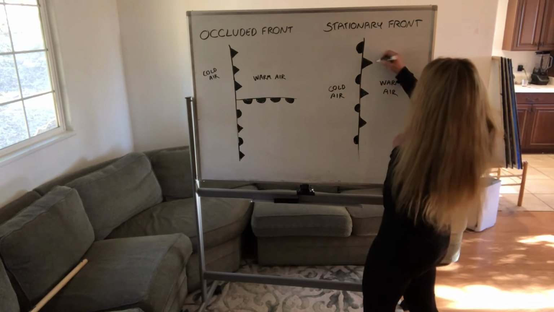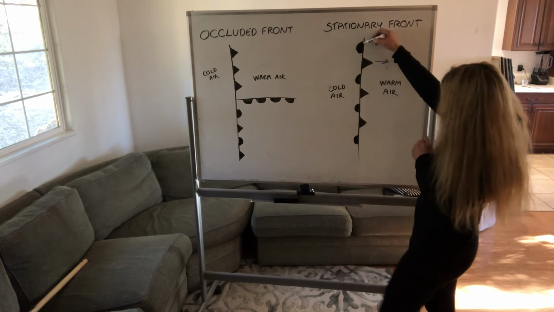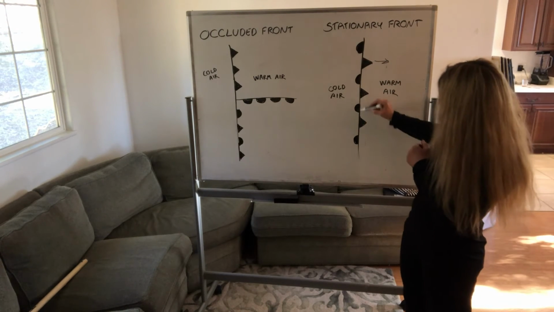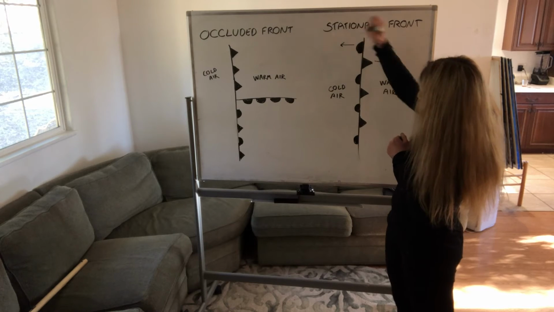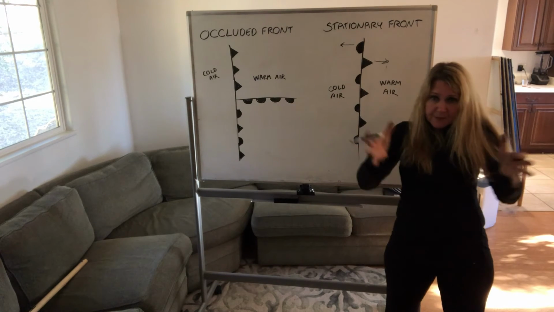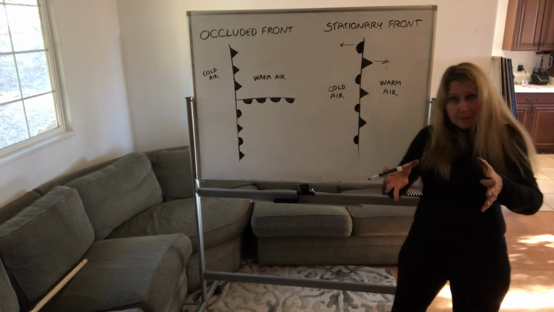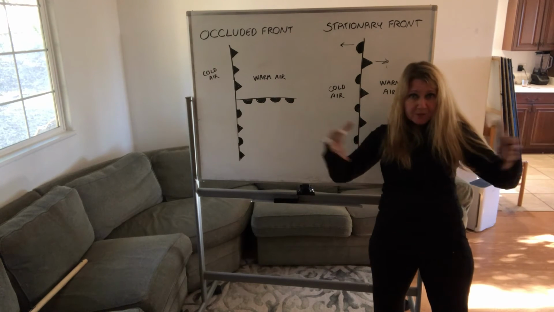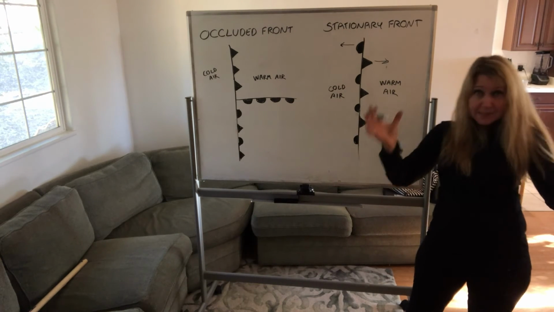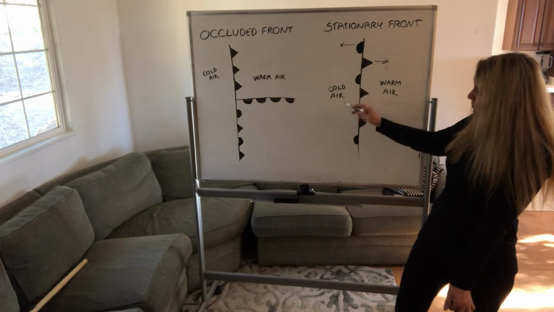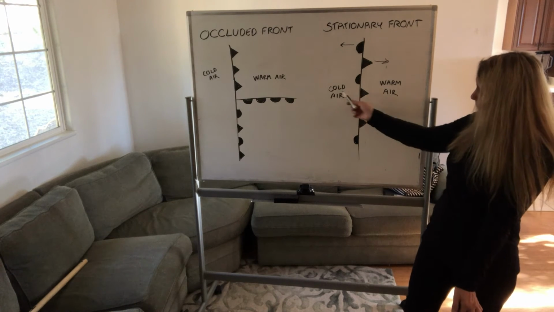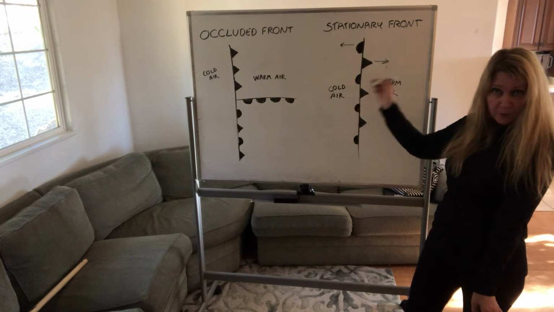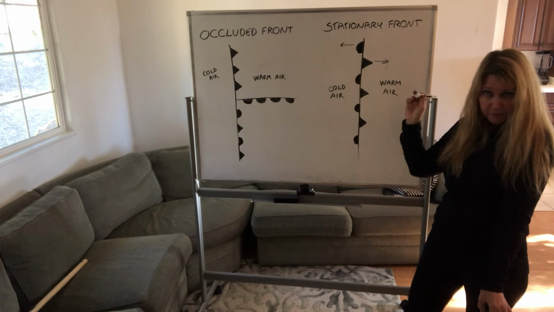So the cold air is going this direction. The warm air we indicate with the shaded semicircles is going that way. They stay in the same place and balance each other, so it's balanced forces, you could say. It's called a stationary front. If the force from the cold air is stronger than the force of the warm air, then it's no longer a stationary front, it would be a cold front.